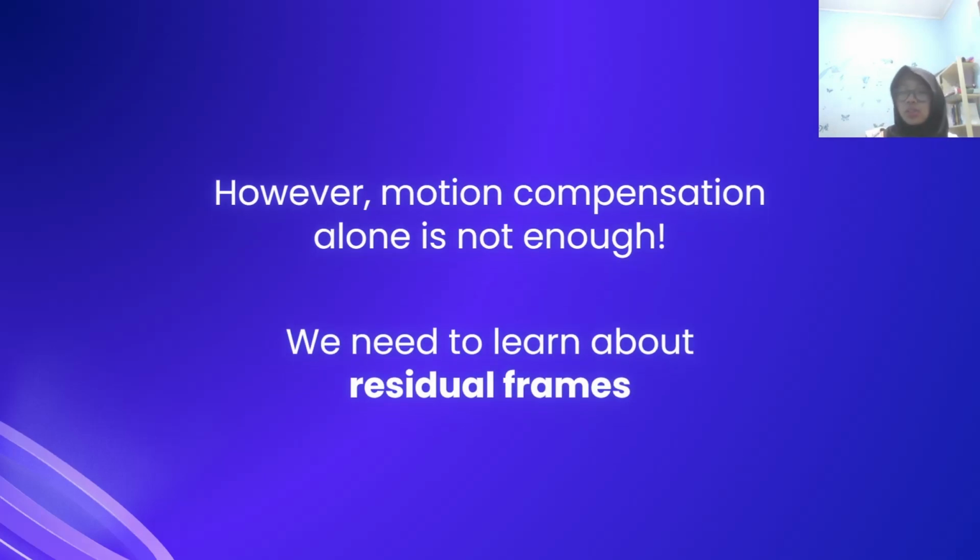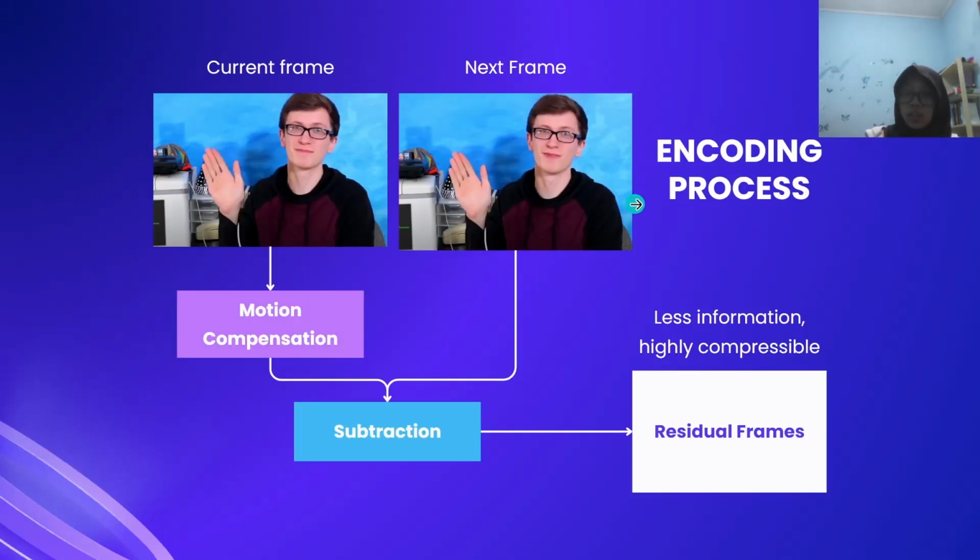However, motion compensation alone is not enough because it is not enough data to recreate a video to the quality that we wanted. So we have to learn about residual frames. What are residual frames? When you have the current frame and you motion compensate it, we measure the difference between the motion compensated frame and the next frame, and it gives us the residual frames.